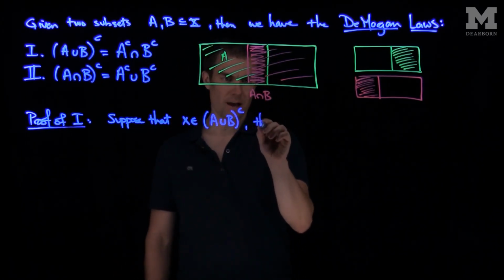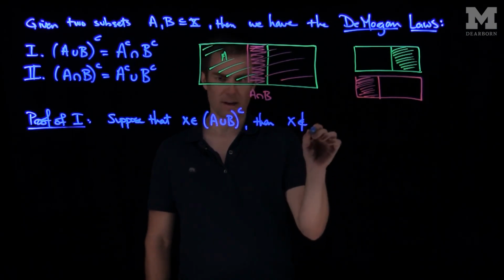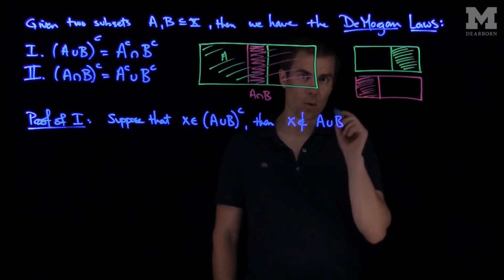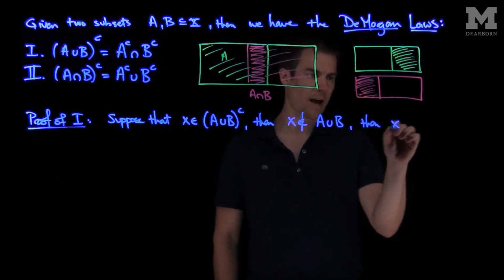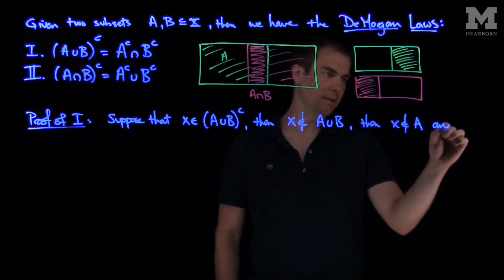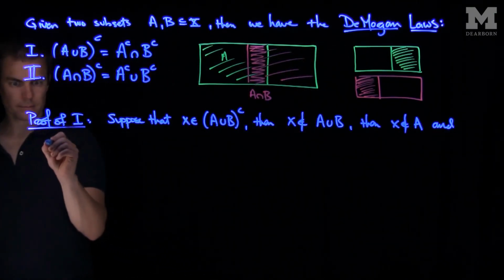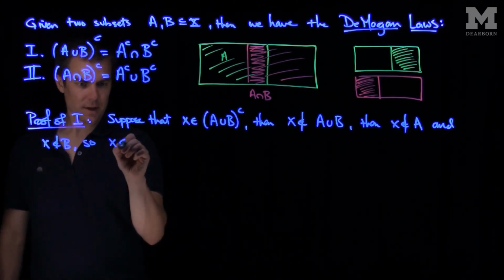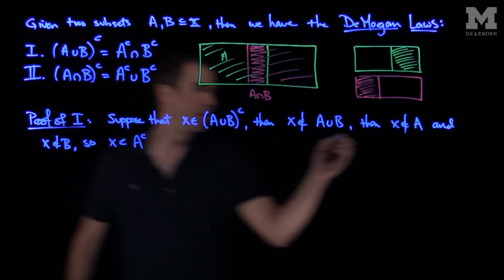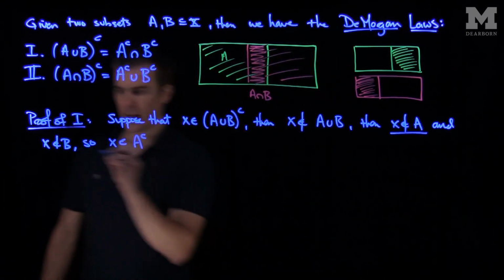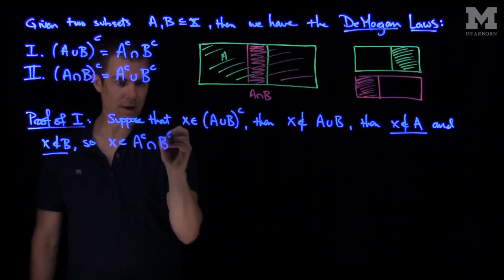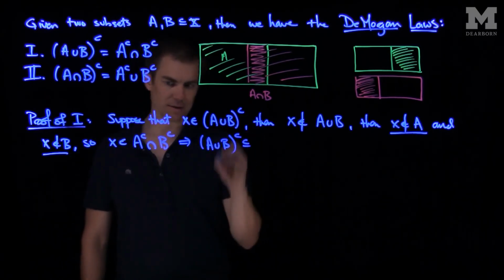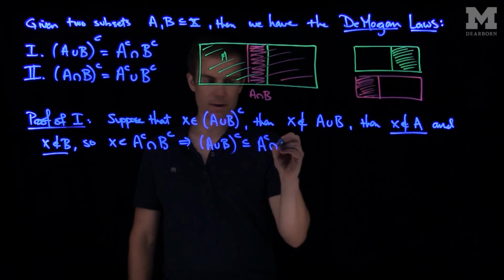This means then X is not in A or B. And if X is not in A or B, then X is not in A and X is not in B. So X is in A complement, that's what that statement means, and X is in B complement. So what we have over here is we have A union B complement is contained in A complement intersect B complement.